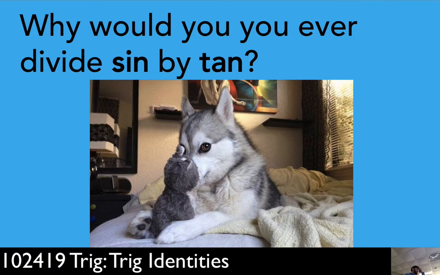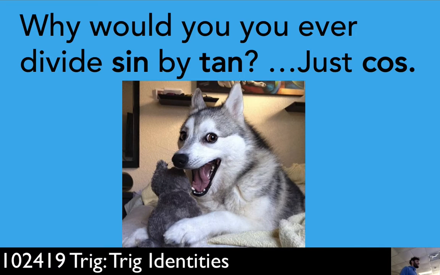How are you going to remember that? Well, why would you ever divide sine by tan? Your dog, yeah. Why would you ever divide sine by tan? Just cause. Maybe that'll help you remember it.